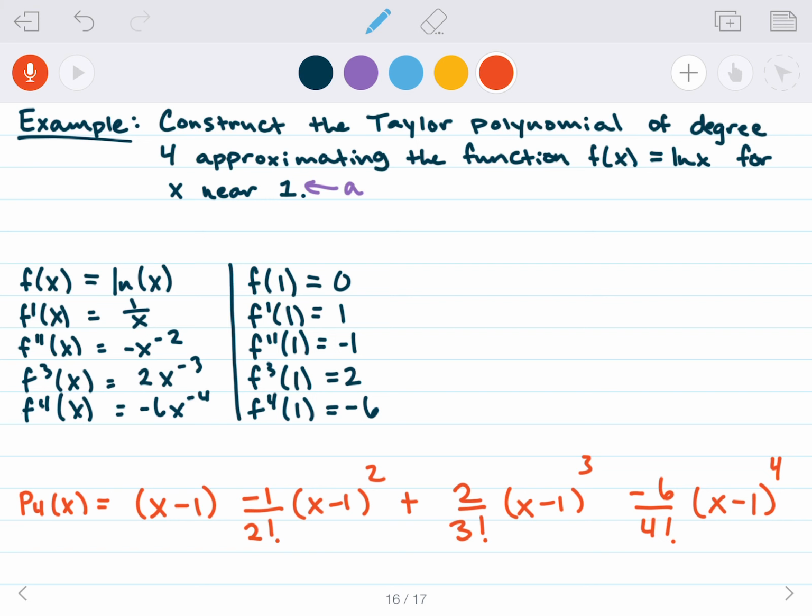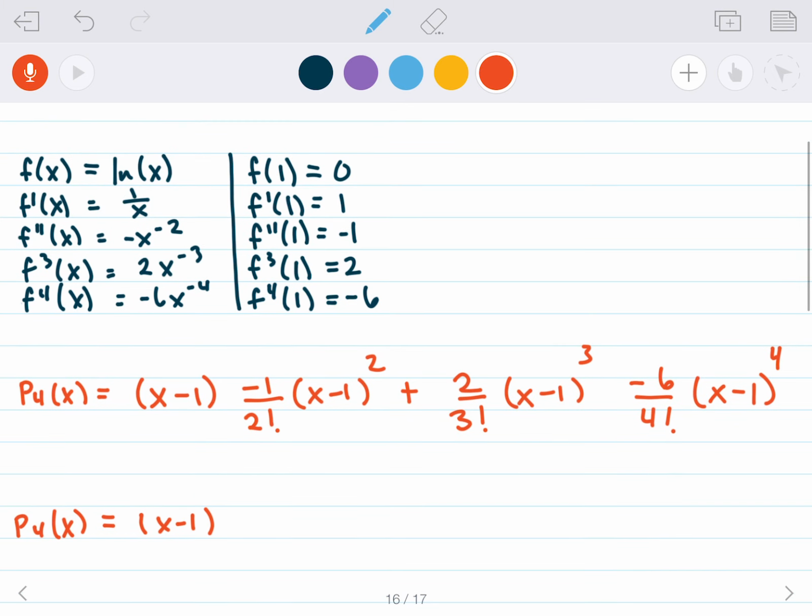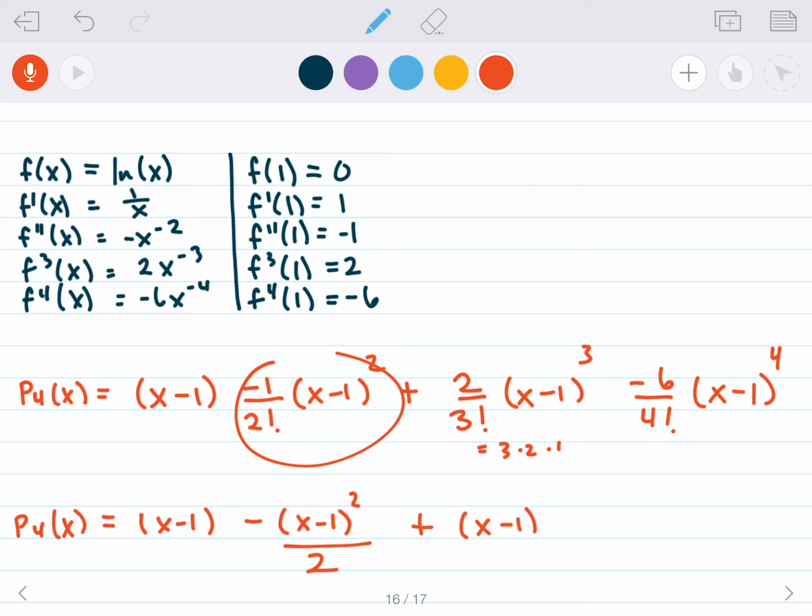All right, so we can simplify this a little bit. So we have x minus 1, and then here, this just becomes minus x minus 1 squared over 2, because 2 factorial is simply 2. 2 over 3 factorial, well, 3 factorial is 3 times 2 times 1, so that's just going to be over 3. So we have plus x minus 1 to the third over 3.